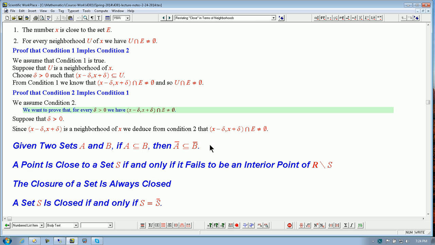Right, now let's do this one. Given two sets A and B, with A a subset of B, I want to prove that A bar, have I given you the definition of A bar? Did I?